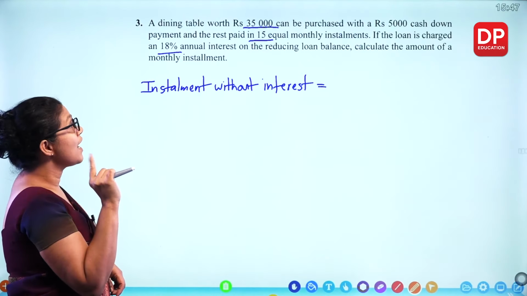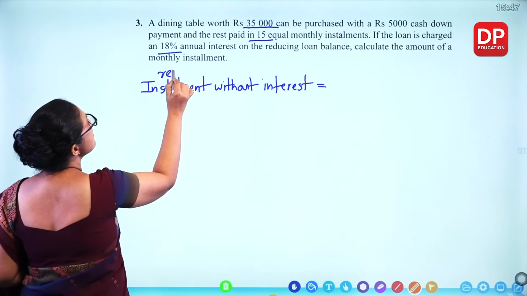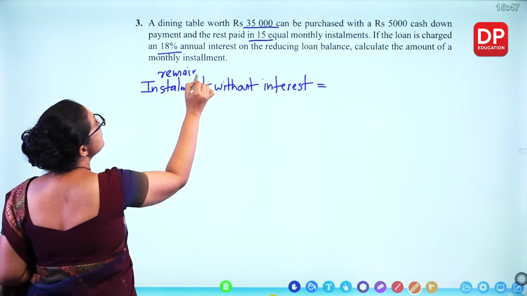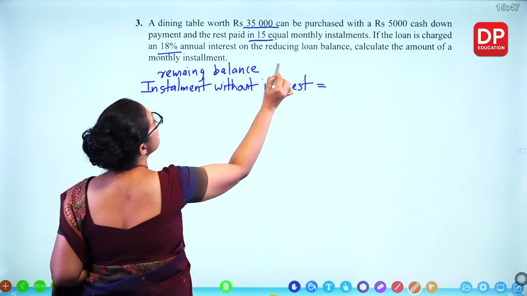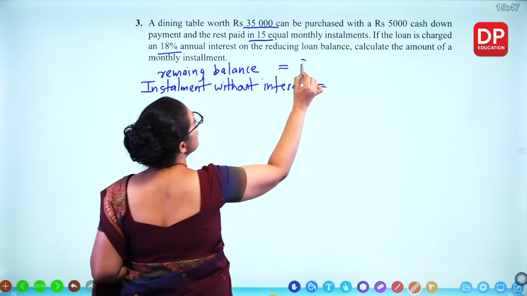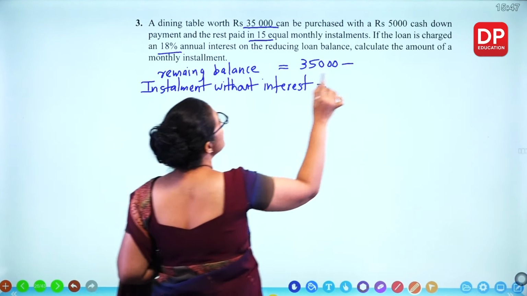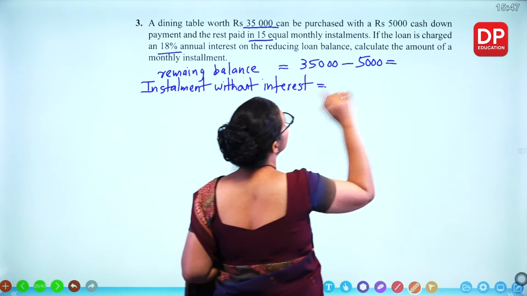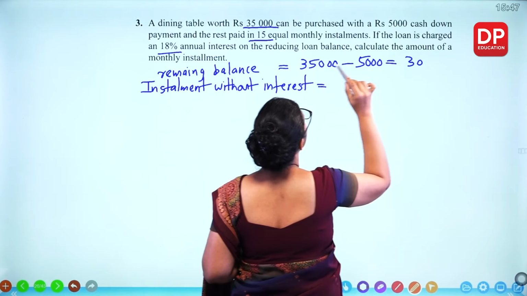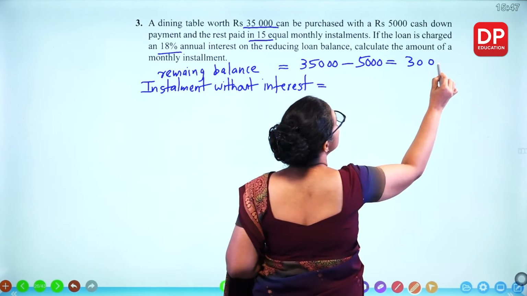Before that, you have to calculate the remaining balance because this is with the down payment. So what's the remaining balance? 35,000 is the price and down payment is 5,000. So 35,000 minus 5,000, you get 30,000.